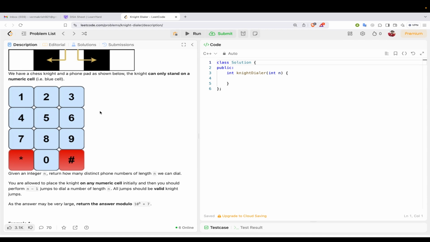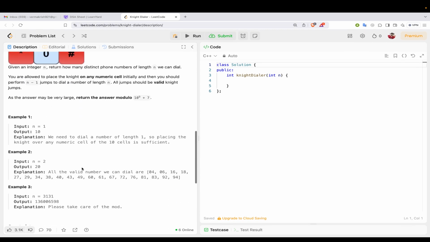Now what is the actual question asking? Given an integer n, return how many distinct phone numbers of length n we can dial. So you have to find out the different possibilities of length n numbers which can be formed by movement of this knight on this dial pad.